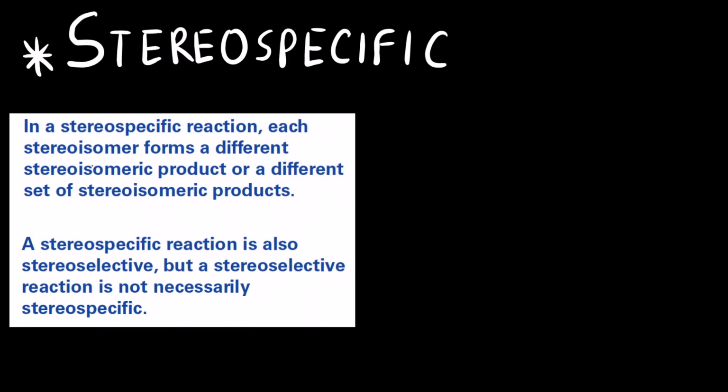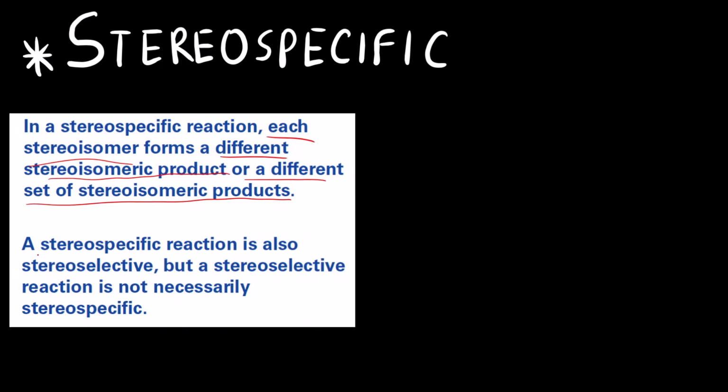Okay, let us understand the other term, stereospecific. Now, what is the meaning of stereospecific? In a stereospecific reaction, each stereoisomer forms a different product or a different set of stereoisomeric products. Now, what is the meaning of this? That only one isomer is formed at a time in a reaction, and whatever stereoisomer we are using also gives a different product when reacted in a particular reaction.